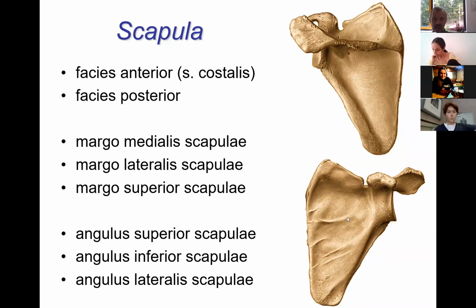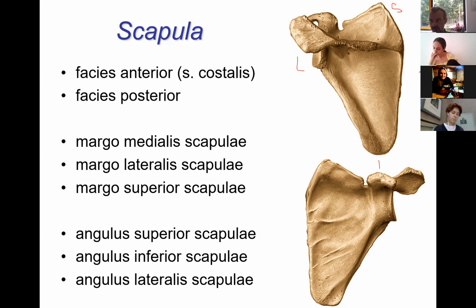Then, when it's a triangle, it has 3 margins and 3 angles. We have a superior angle, inferior angle, and a lateral angle.